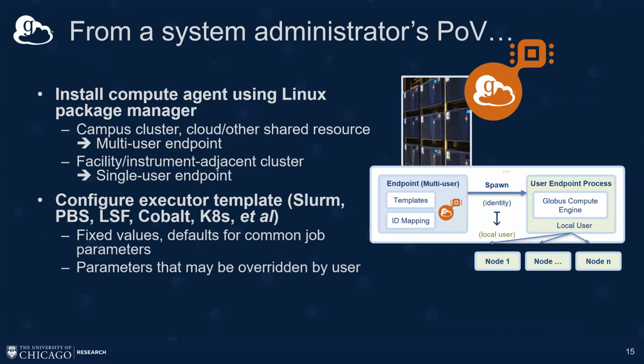You configure the executor template, whether that's Slurm, PBS, whatever your scheduler, or maybe it's a process pool. When the task comes, run it. As an administrator, you decide what you want to fix and what you want your users to be able to change. So there's lots of flexibility and control.